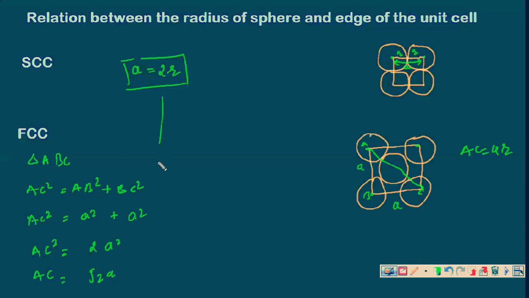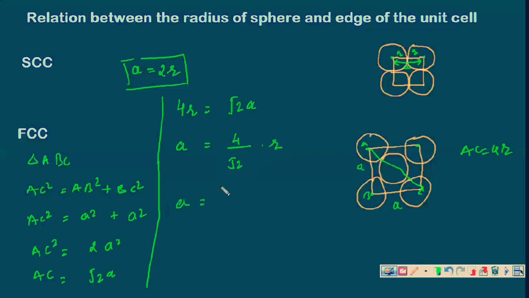Now see again, we know very well AC is equal to 4r. So put here 4r is equal to root 2 a, and a is equal to 4 upon root 2 into r.